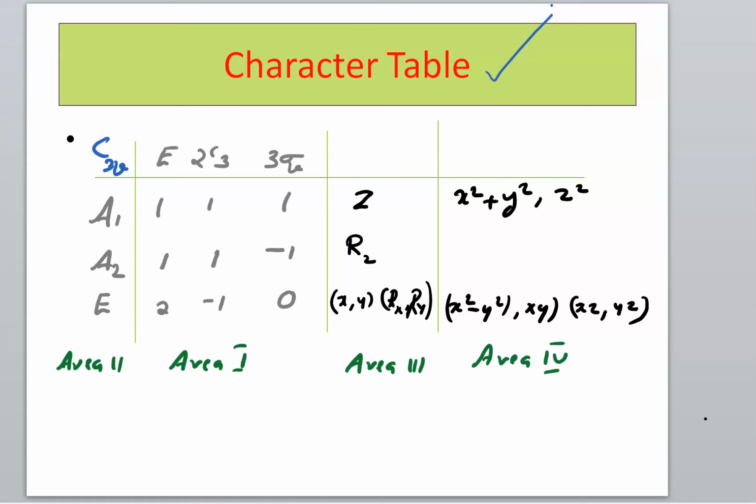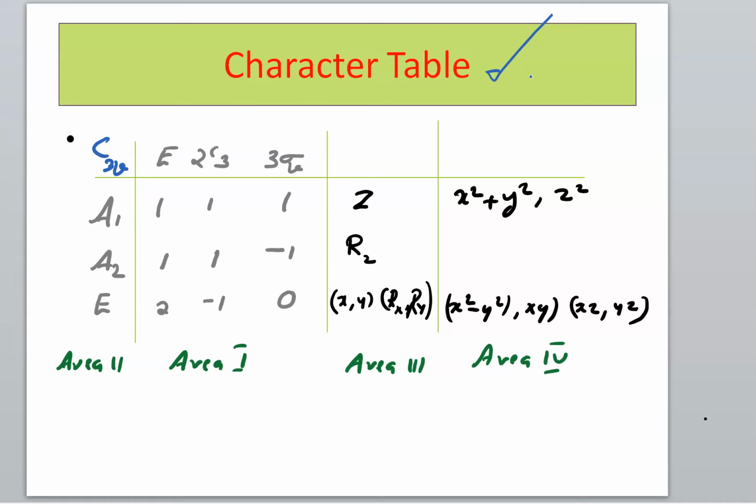From the examination point of view also, you will be asked to write the character table of a specific point group. You must concentrate in this area and study the character table very well. The construction of the character table and other things we will study later. Now I am telling only the format of the character table.